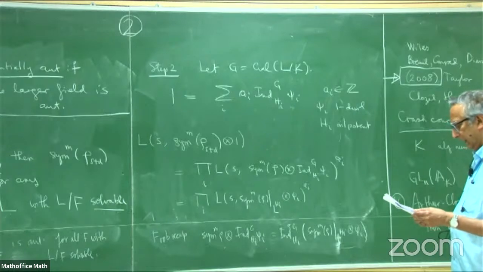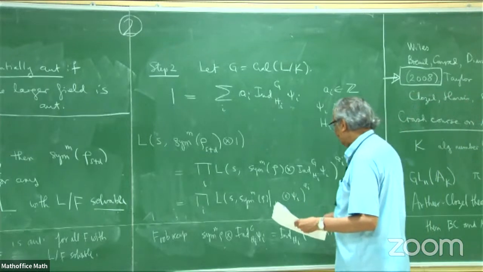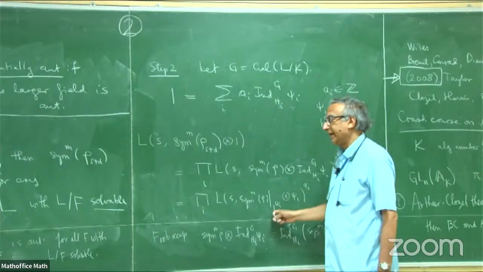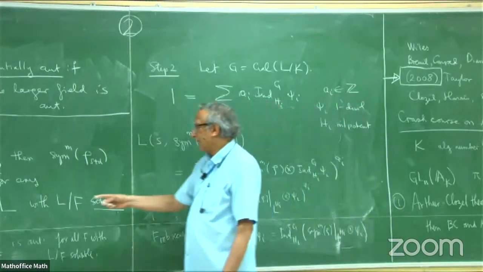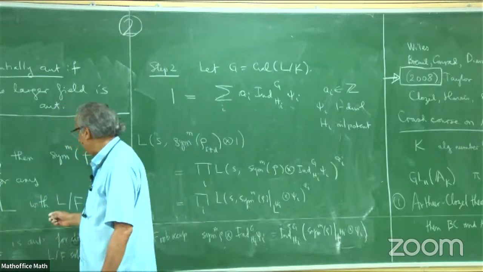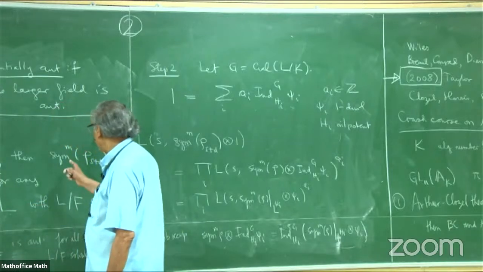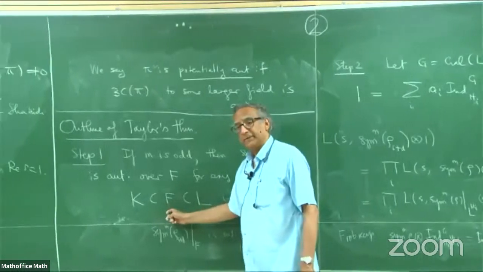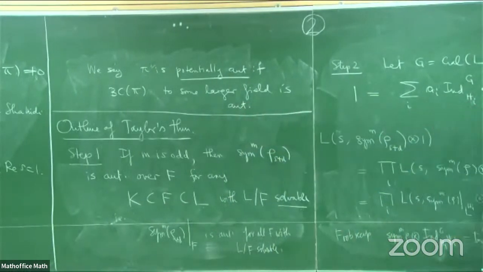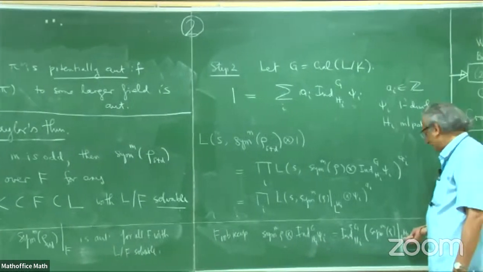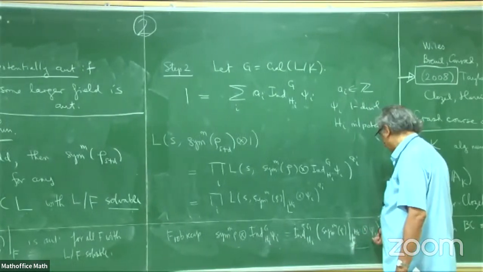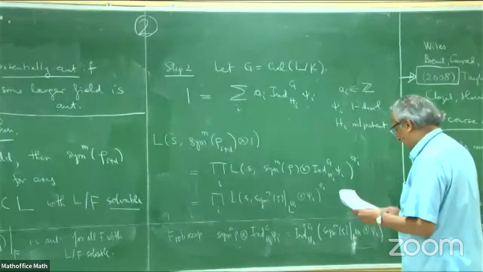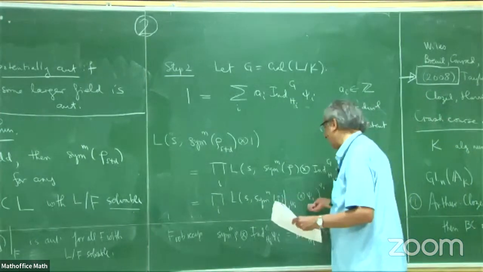So once I have this, what is this? Well, the H_i are nilpotent. And therefore, the subfield fixed by H_i is one of these fields again from step one, and therefore it is solvable. Therefore, the symmetric power representation is automorphic over any such field. So I can go back and say this is automorphic over L^{H_i}. This is automorphic over L^{H_i} because it's a character. And therefore, we have an automorphic L function here.